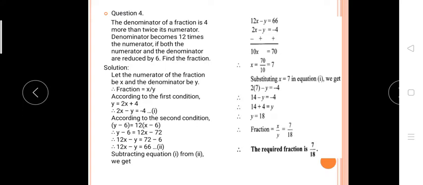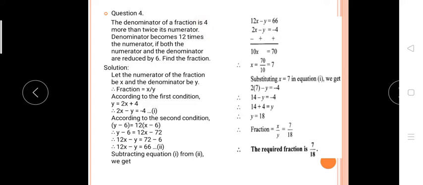After that, look towards the first condition. What is the first condition? The denominator of a fraction is 4 more than 2 times the numerator. What is the denominator? The denominator is equal to y. Is it? y is your denominator. 2 times the numerator means 2x.